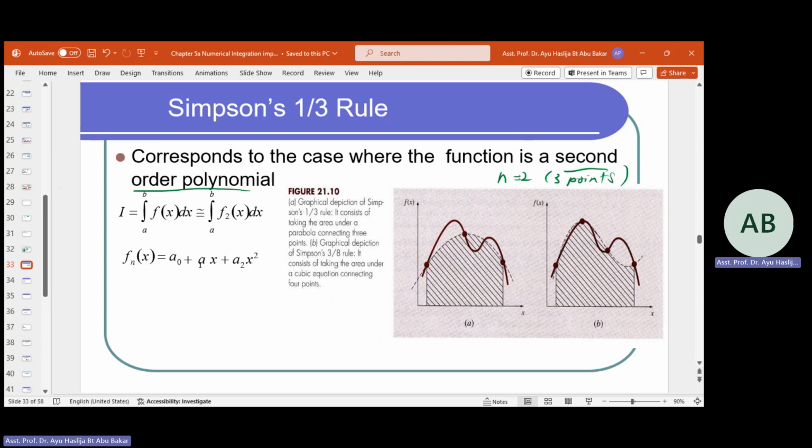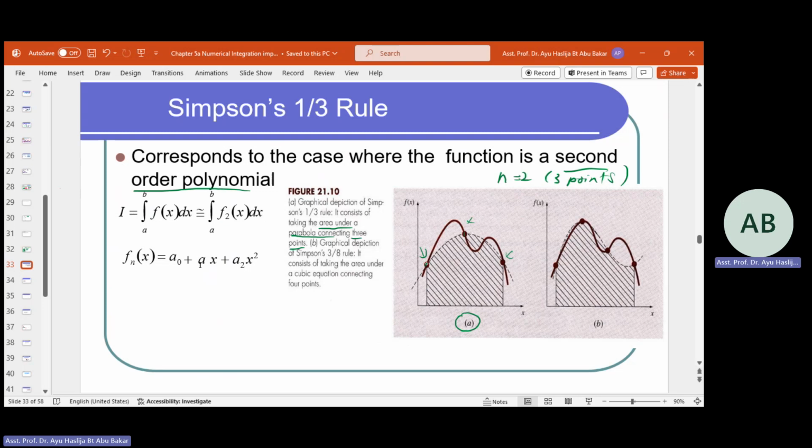Okay, similar to trapezoid, we need the points. We want to find the area under the curve. Check for A first. This one is Simpson's 1/3 rule. For Simpson's 1/3 rule, it takes the area under a parabola connecting 3 points, minimally 3 points.